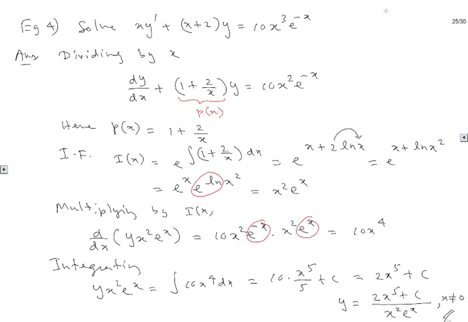You can do this whole problem in not even one page, it's like half a page. It's not a difficult problem, but you need to remember the steps. And then if you are given initial conditions, you can use the initial condition to find c.